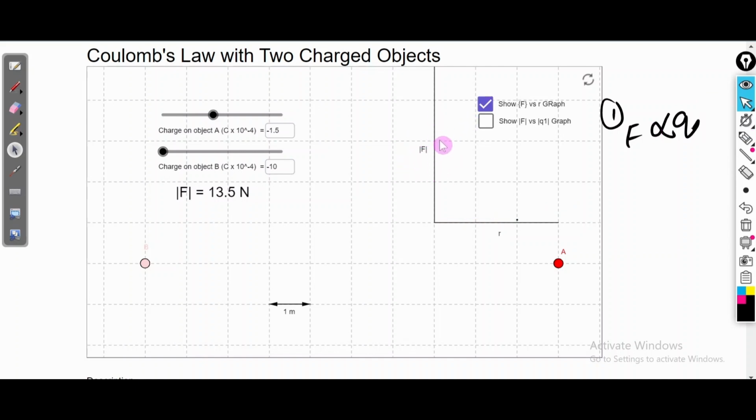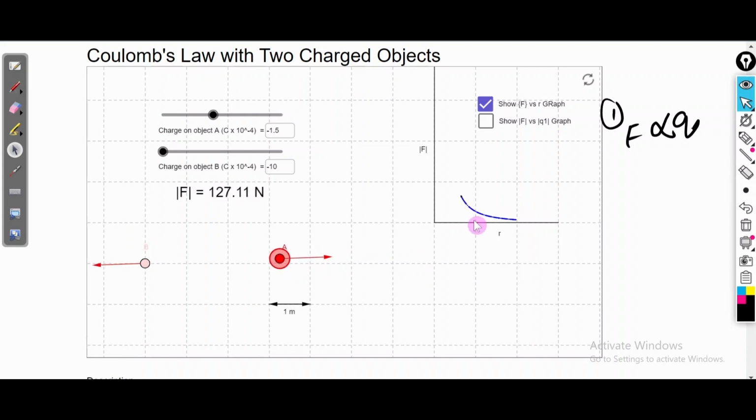In this graph we will discuss the relation between the force F and R. R is actually the distance between these two charged objects. If I decrease R, meaning if I decrease the distance between these two objects, the force will increase. As I decrease the distance, you have to focus here on this graph, the force is increasing.